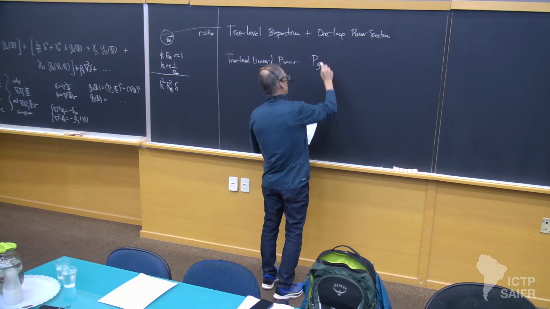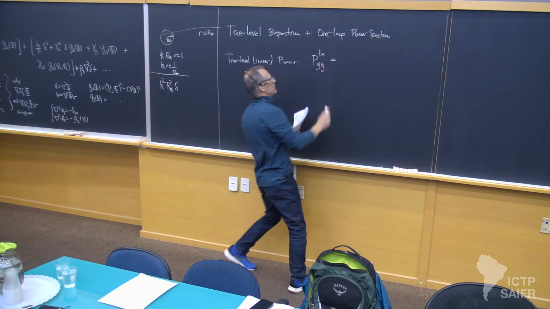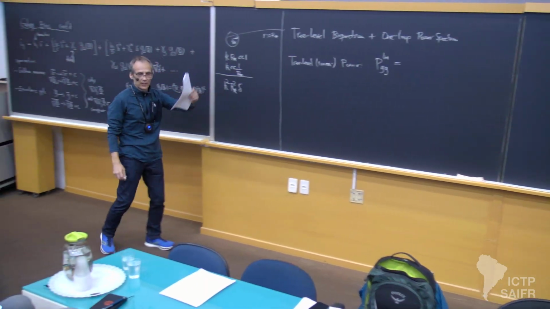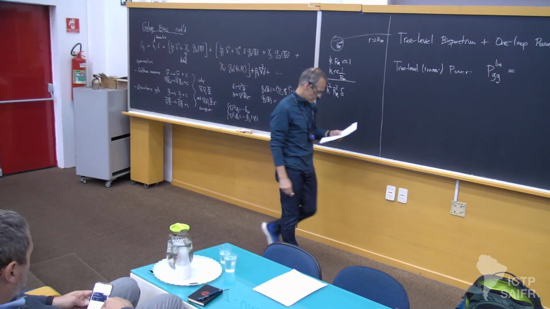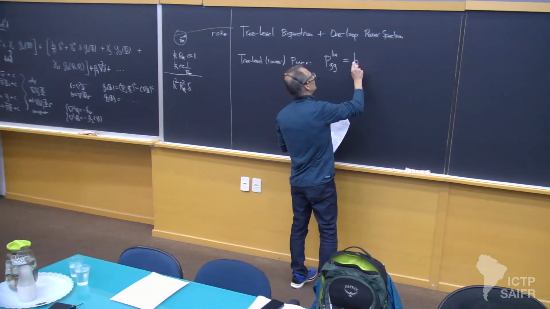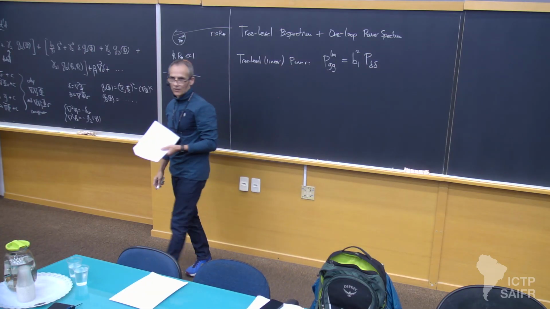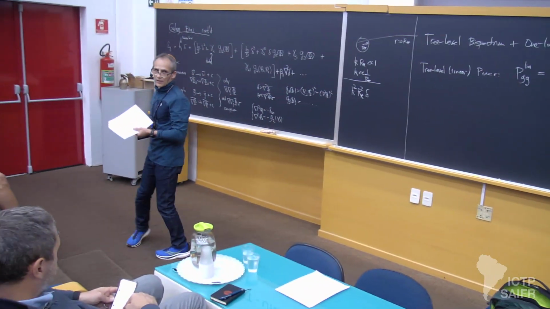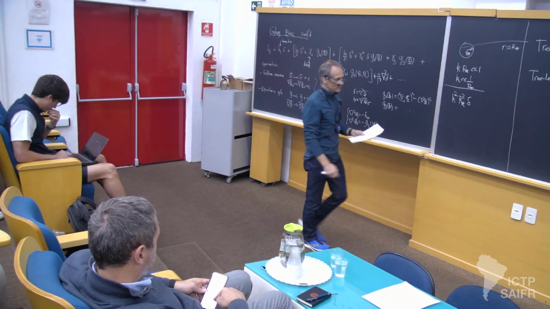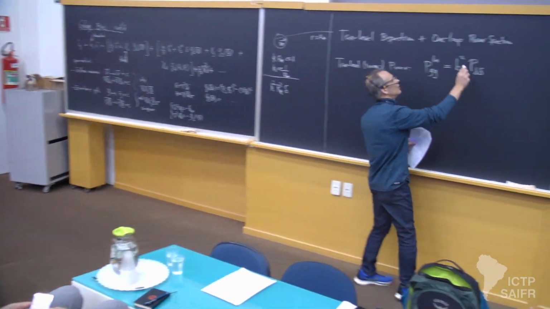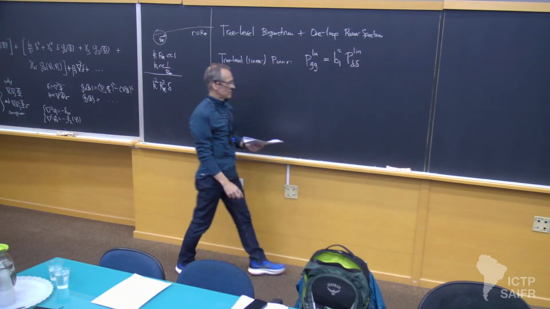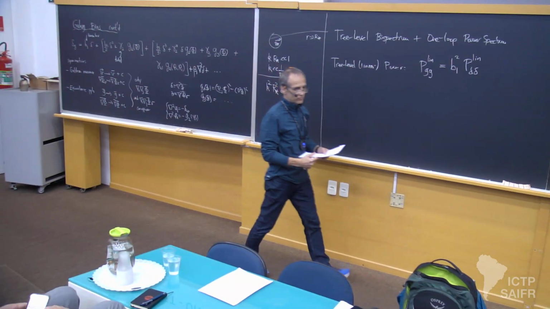So I'm going to denote by GG the power spectrum of galaxies against themselves. It's just an overall constant times the matter power spectrum that we already computed in linear theory.